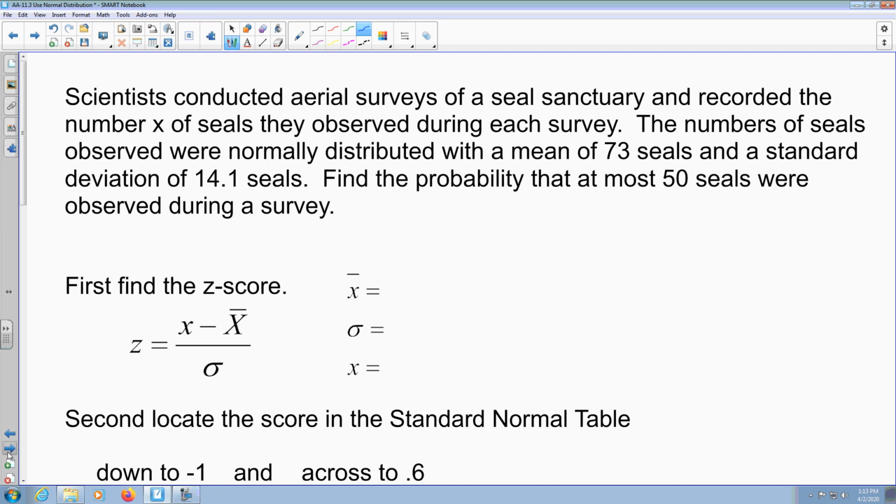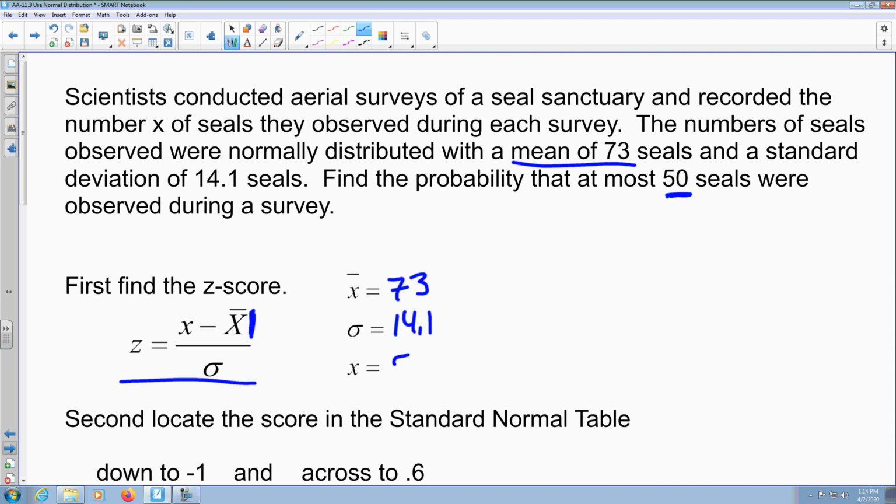Again, this is the formula. They told you the mean was 73, so this is going to be 73. The standard deviation is 14.1. And the x value that we're trying to look at is right here, because we want to find at most 50.